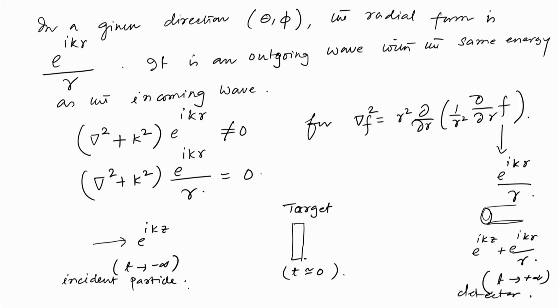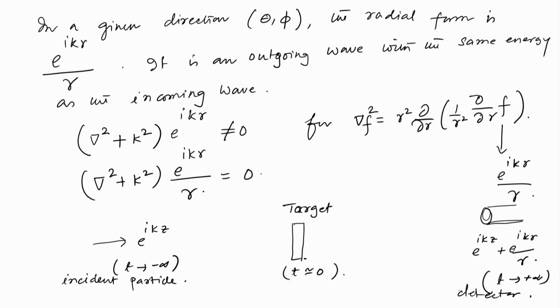We are not bringing in explicit time dependence of these wave functions, or trying to evolve them with time, but in our mind we are clear that far away from the target the incident particle is free and propagates like a free wave. It is like exponential i k dot r, because now the direction of propagation is taken as the z axis.